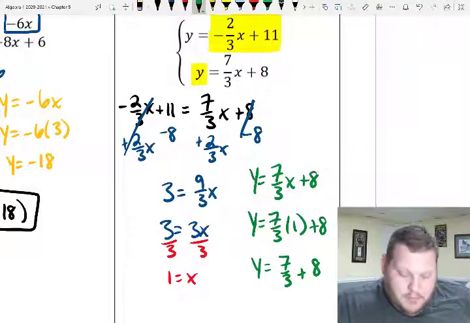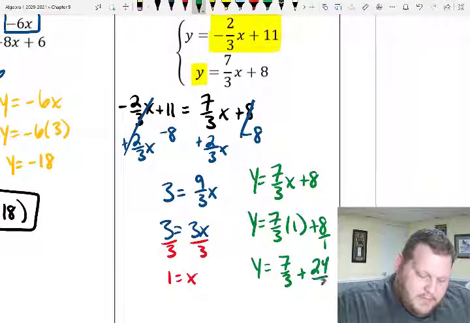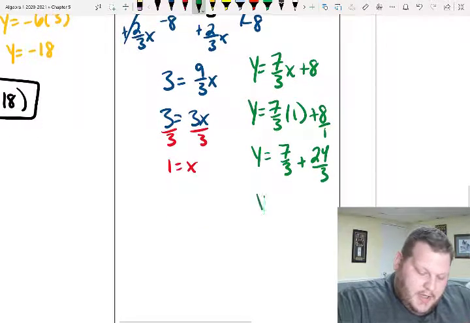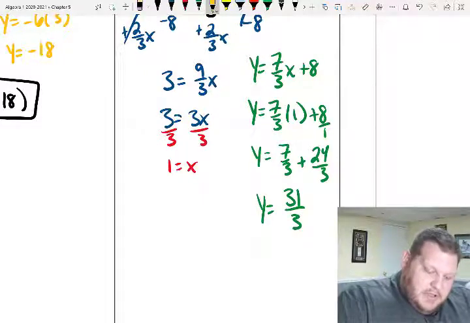If I changed 8 into thirds, 8 over 1 times 3 on top and bottom would be 24 over 3. So in total, I end up with a y value of 31/3. Ugh, not pretty at all.